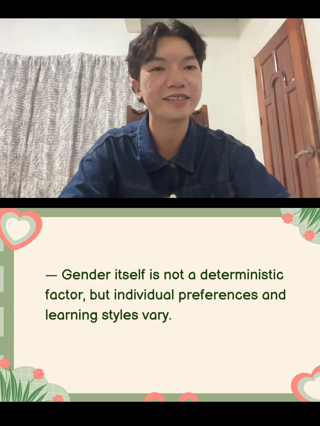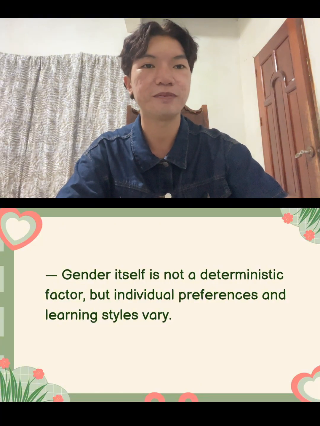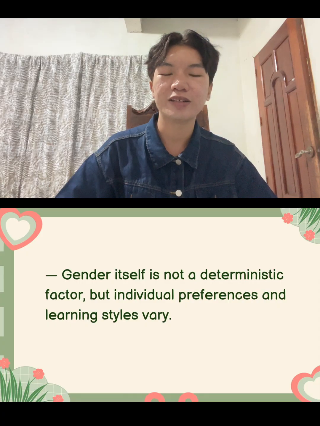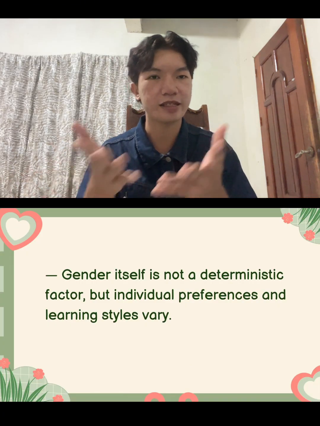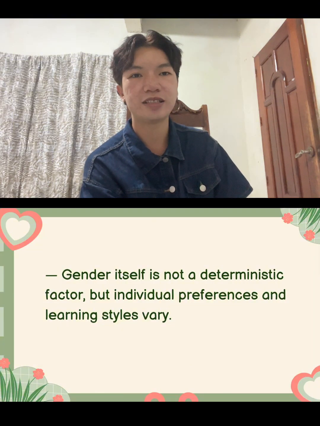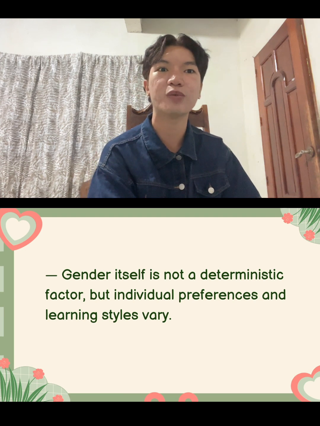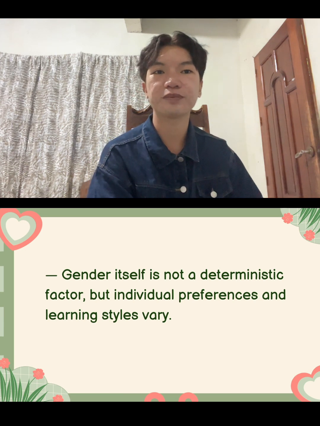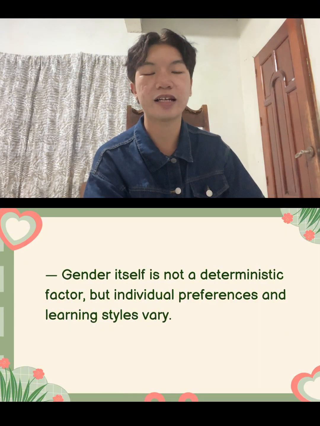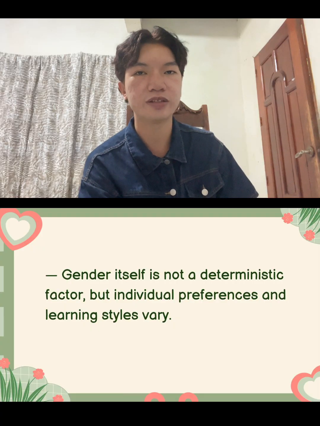Gender is not really that deterministic a factor, but of course, as a girl or as a boy, we have preferences, or any gender has certain preferences, and those preferences really affect how a student understands things.